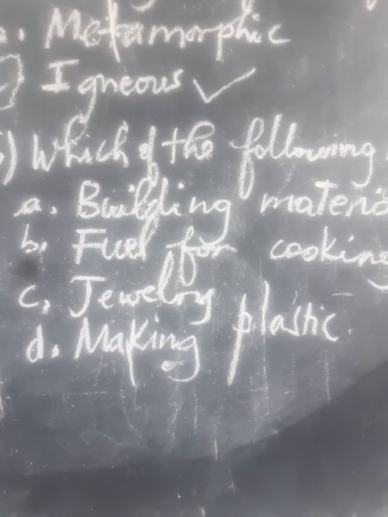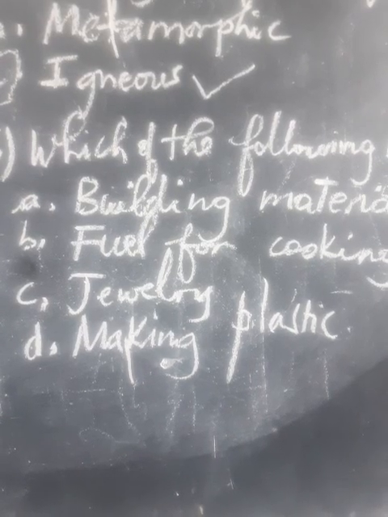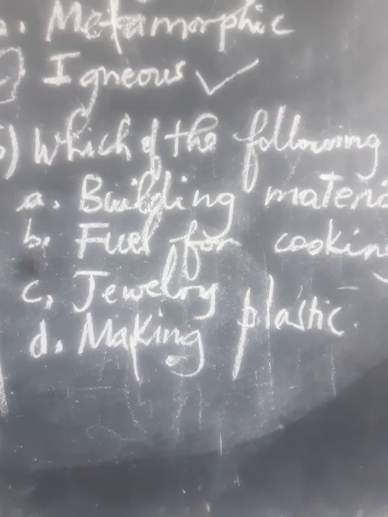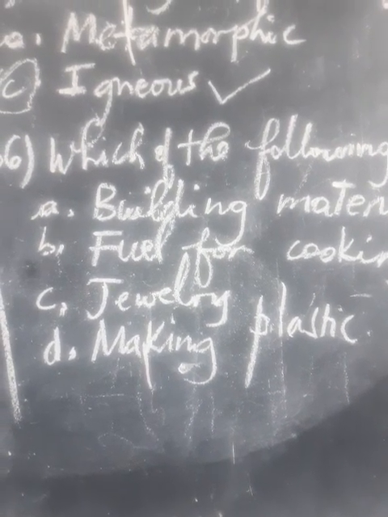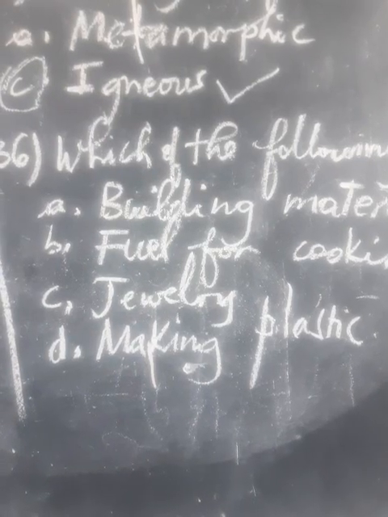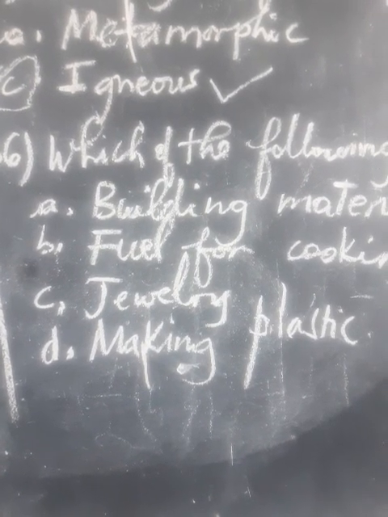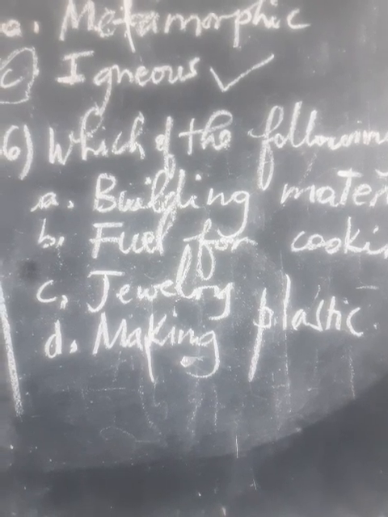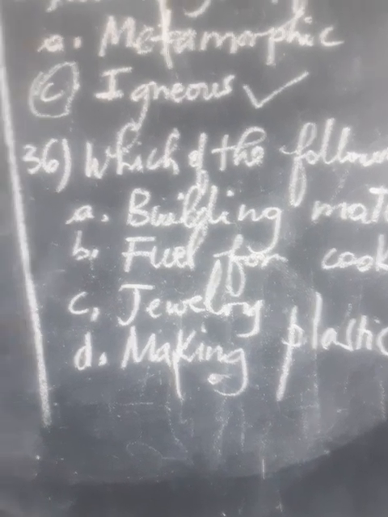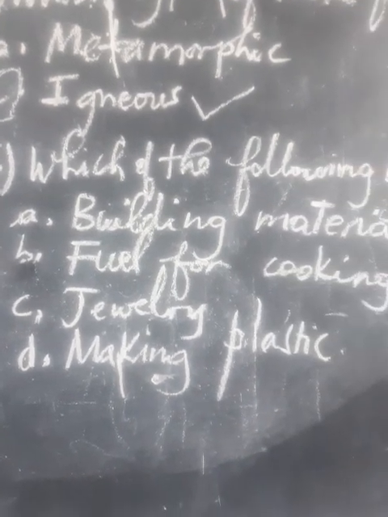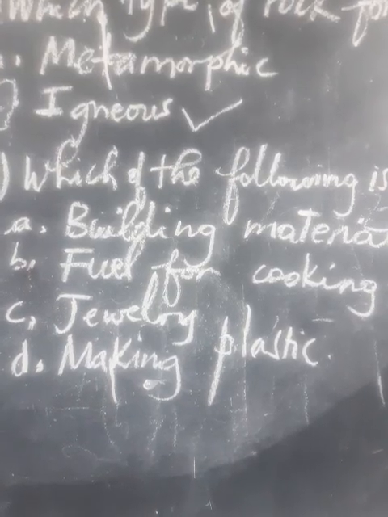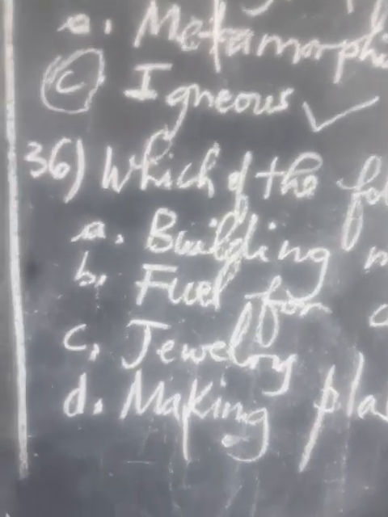B. Fuel for cooking, like pit coal, is used in cooking. C. Jewelry, correct. D. Making plastic. So the use which is not a use of rock is D, because rocks are not used in making plastic. So the correct answer is D.